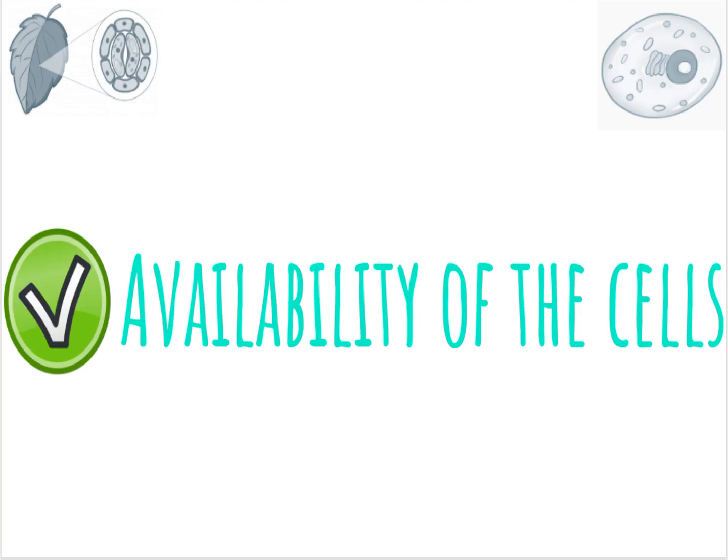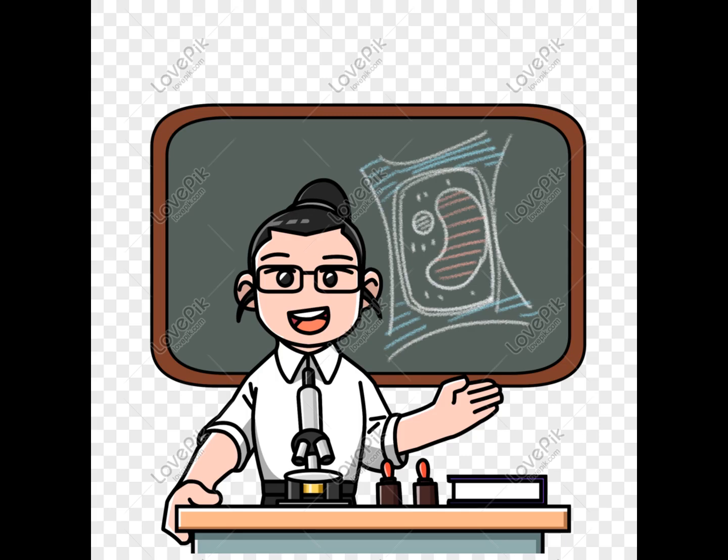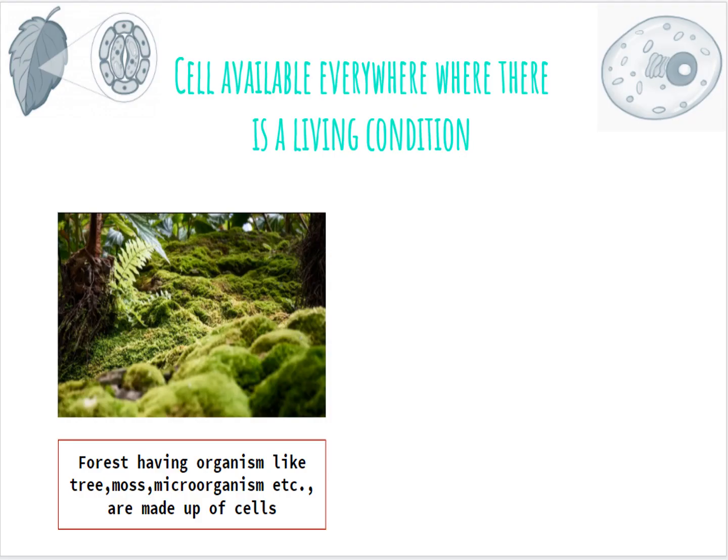Now, where are these cells available or where are they found? Cells are found in the body of the living organism. It is clear to you. Cells are available wherever the living condition is possible. For example, a forest is a place where different types of plants, animals, microorganisms are found.